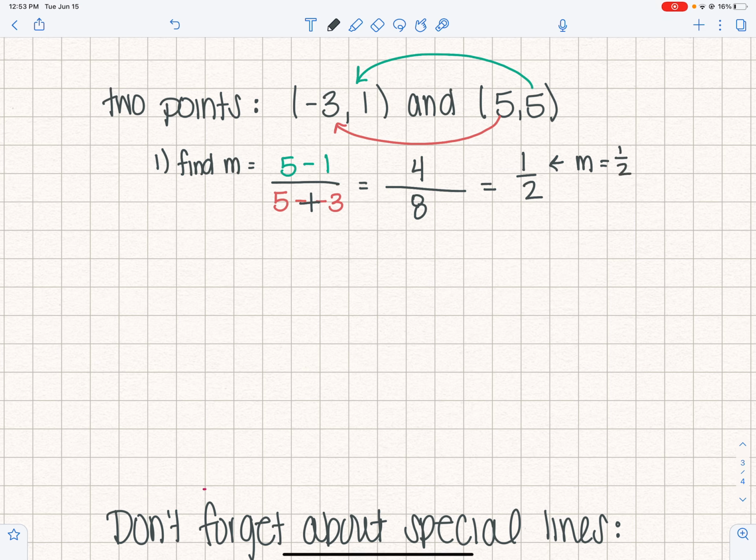Now I can take that slope and I have a point, and it's going to turn into an example just like the one before. So now I'm going to use the slope. And I always say just use the first point. You certainly can use either point. I just say the first point because it streamlines it. So I'm going to use m equals 1/2 and the point negative 3, 1.